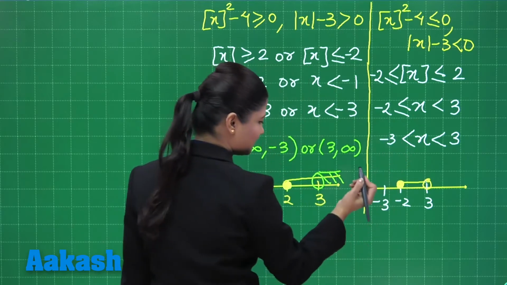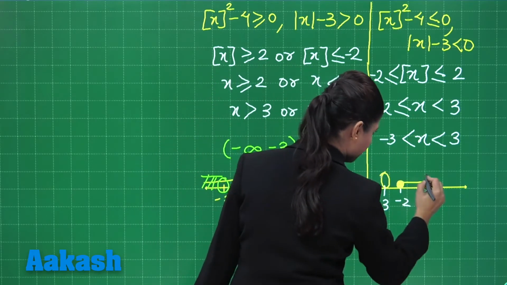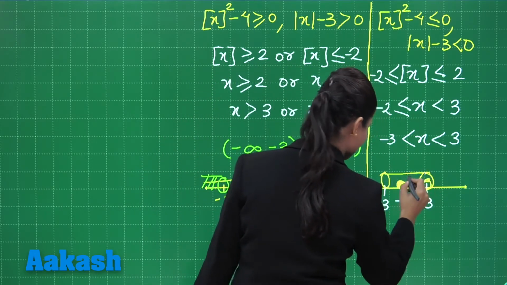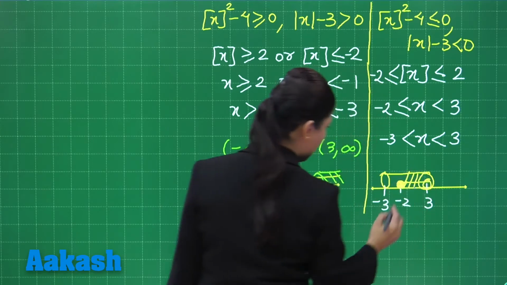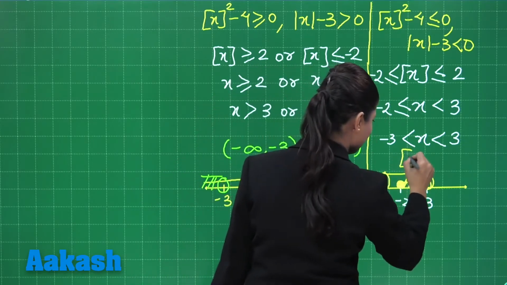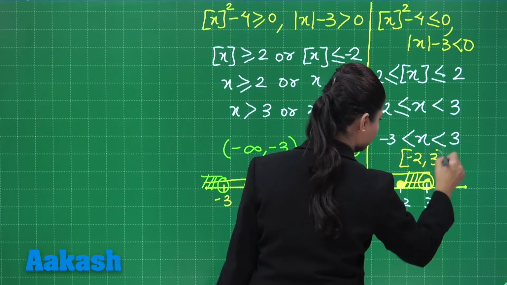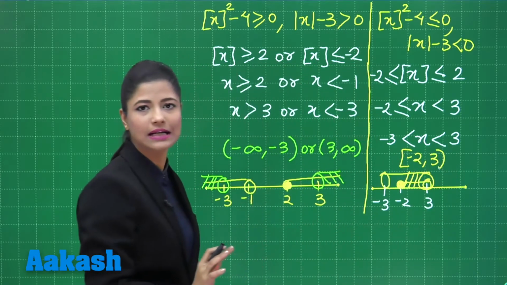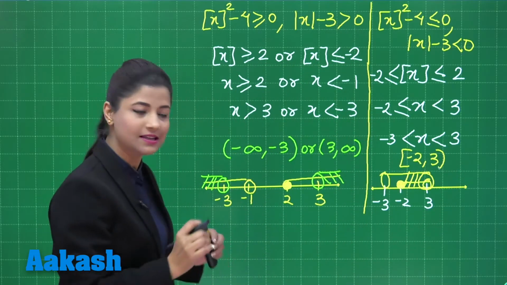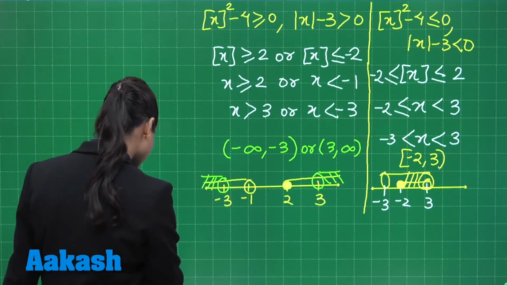Next, from minus 3 to 3. This is the common range, and the common range represents from minus 2 to 3, where minus 2 is included and 3 is excluded.